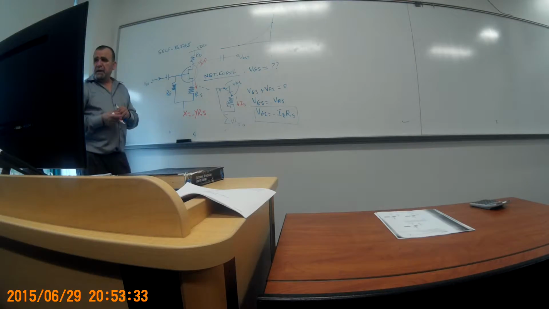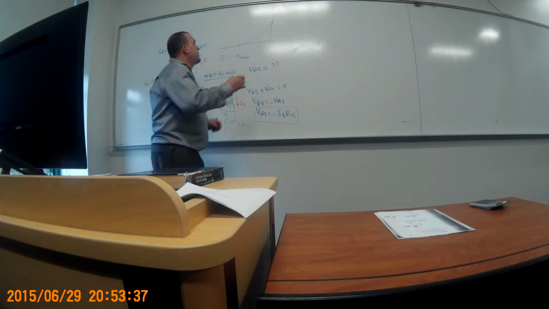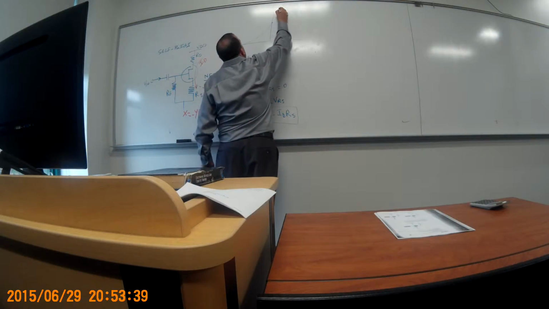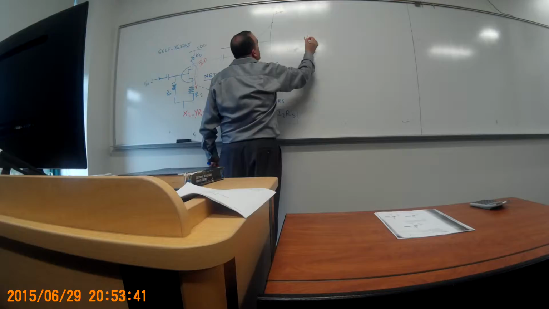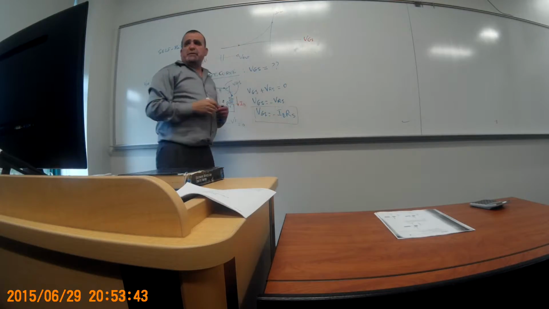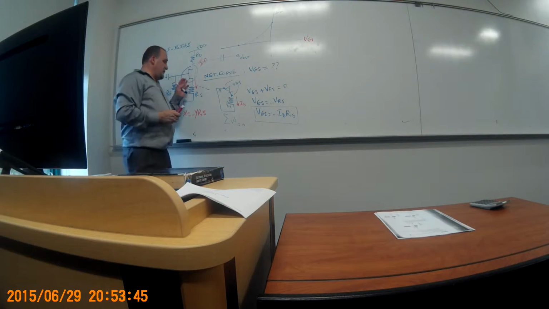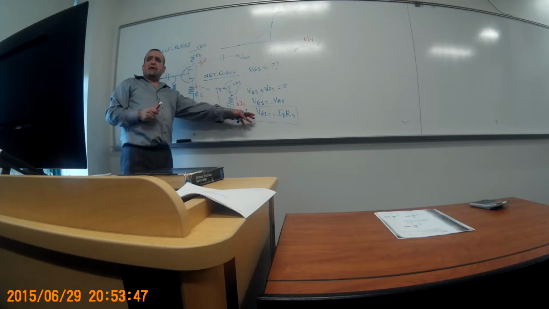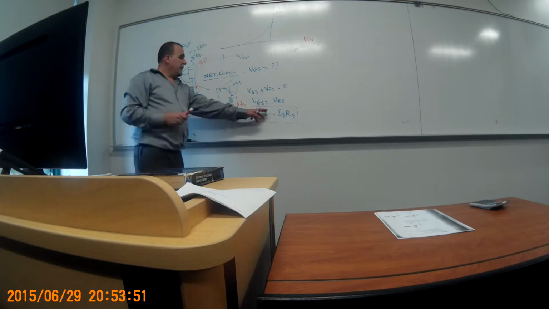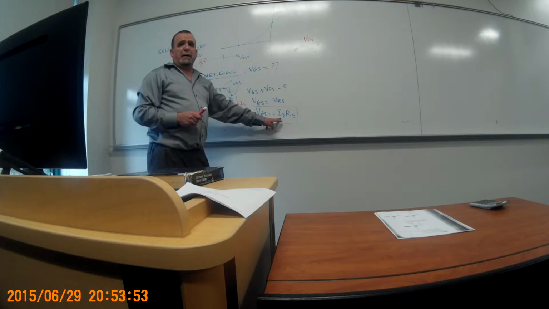If the V is on the x-axis and the I, remember, ID, VGS, so the VGS is actually the X value, and the ID is the Y value, isn't it?